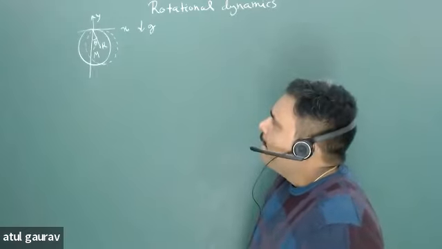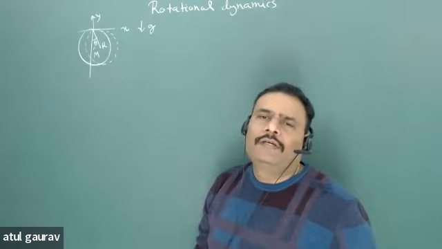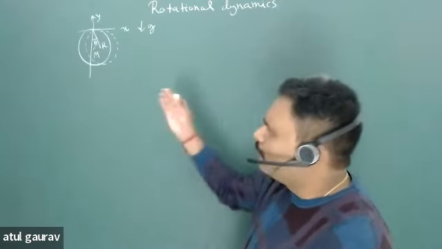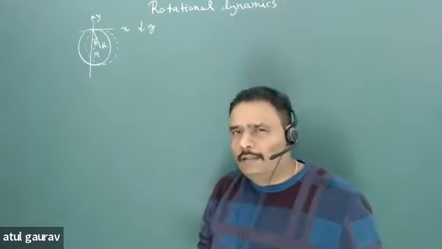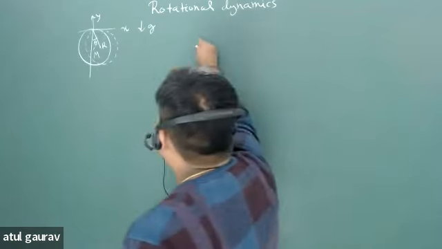Okay. Now we first have to write the total energy of the system, and then we can write the equation of motion from the total energy also. You can use the torque equation and all this, but I am just using the energy approach here. So what is the total energy?